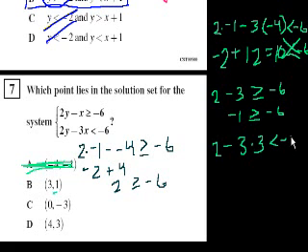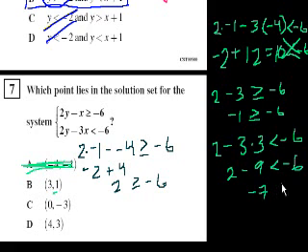Is that less than minus 6? So you get 2 minus 9, which is minus 7, and that is less than minus 6. So that is true. So choice B works. Don't have to go any further. That point lies in the solution set, which just means it satisfies both of these inequalities.